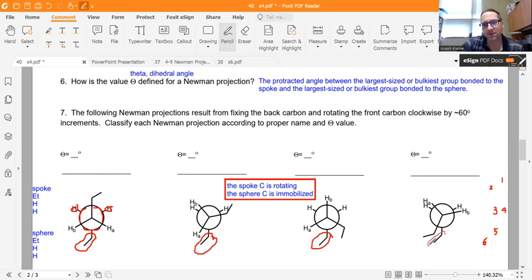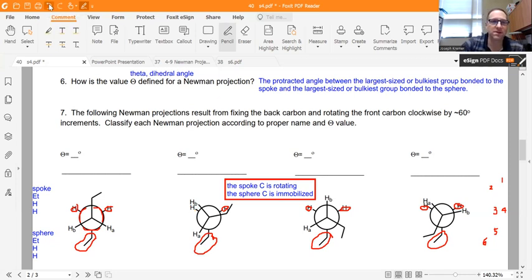So the sphere ethyl group, as well as its hydrogens, have remained intact in each and every circumstance, whereas the spoke carbon groups were rotated.